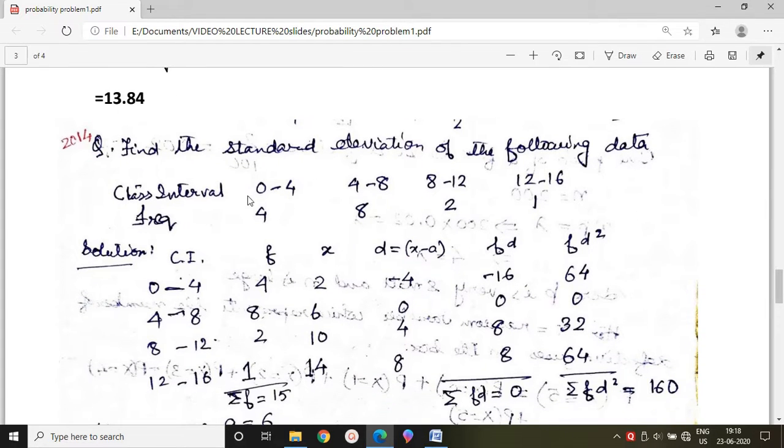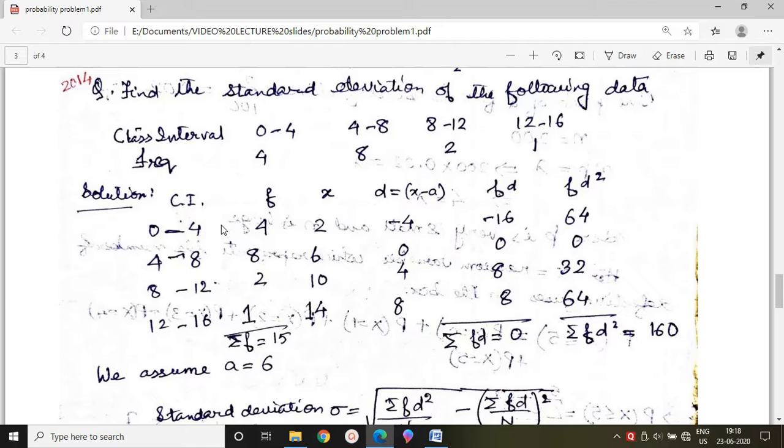For this frequency distribution, you are asked to find standard deviation. For simplicity, I have arranged it in a tabular form like this. Class interval is 0 to 4, corresponding frequency is 4, 4 to 8, frequency is 8, 8 to 12, frequency is 2, and 12 to 16, frequency is 1 here.